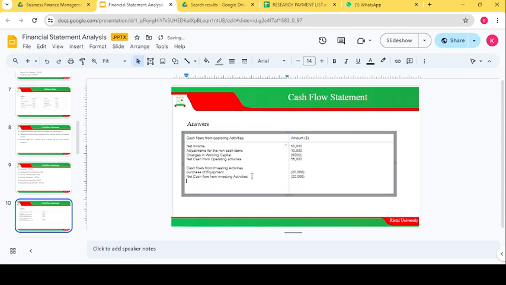So let's look at our last, cash flows from financing activities.